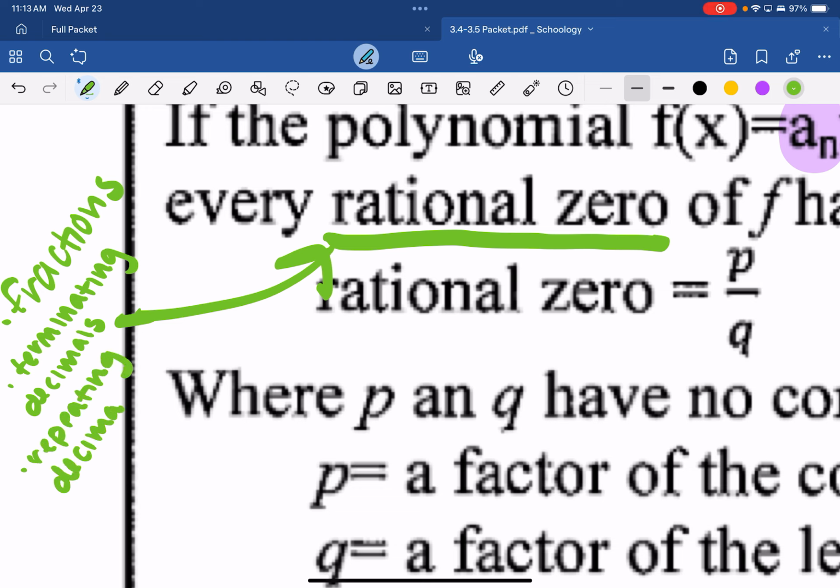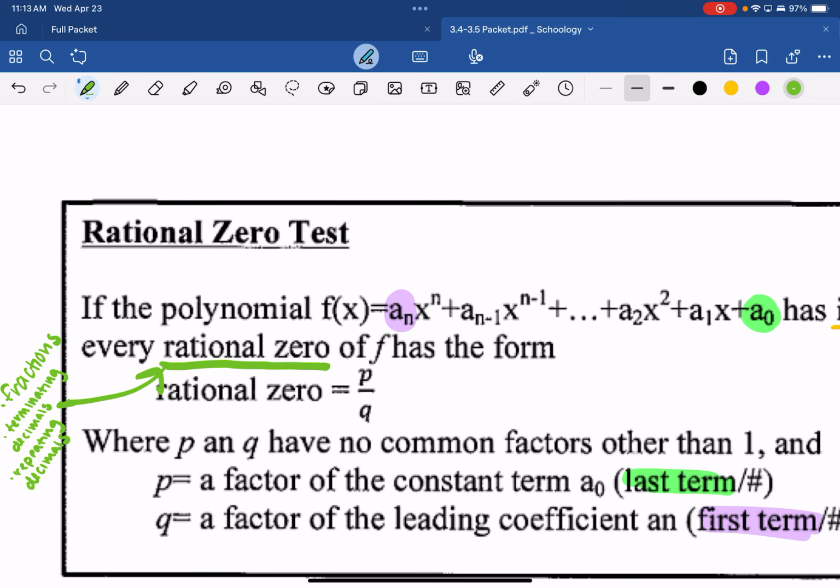So basically, all this is talking about is if I have a polynomial with all integers, every single rational zero has this form, okay?